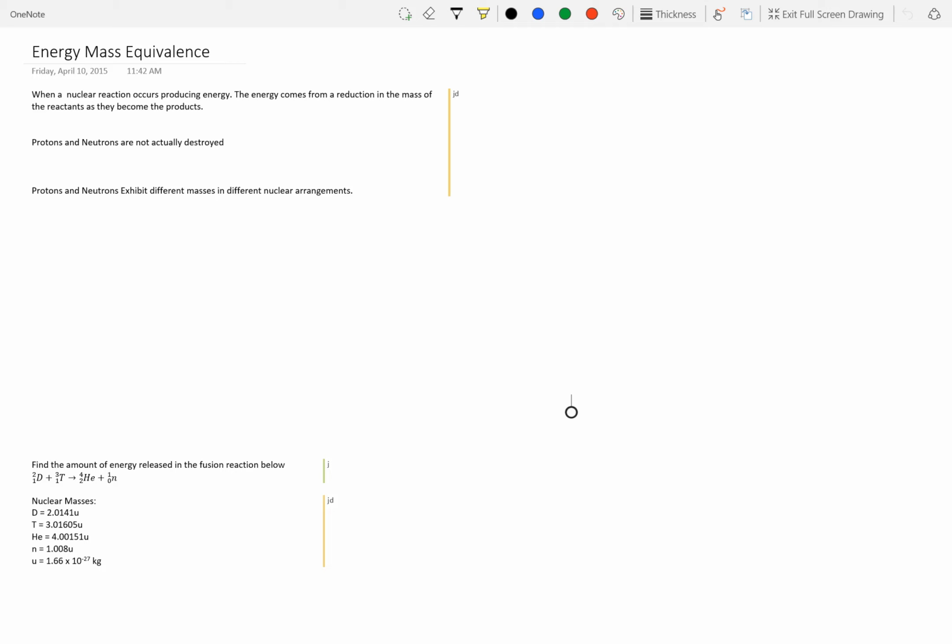The reduction of that mass is the mass that's available to be converted into energy according to Einstein's famous equation, E equals mc squared. So protons and neutrons themselves are not disappearing, unless it's a matter-antimatter reaction. But in normal nuclear reactions, the mass of a proton is actually changing when it goes from one state to another state.